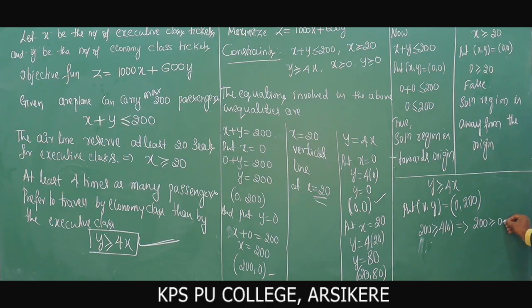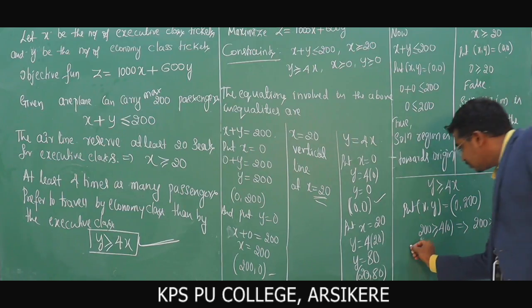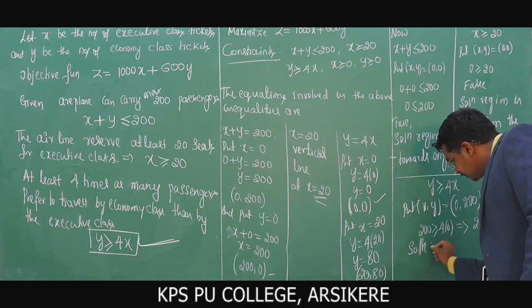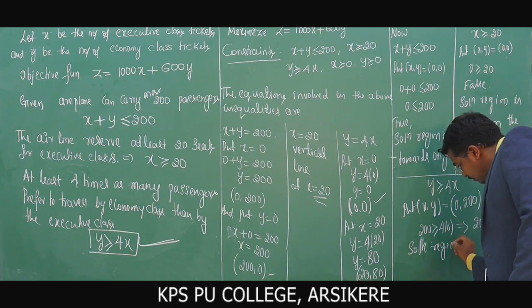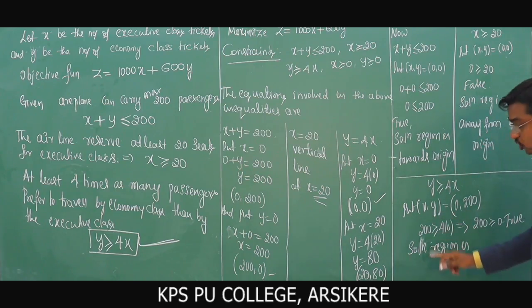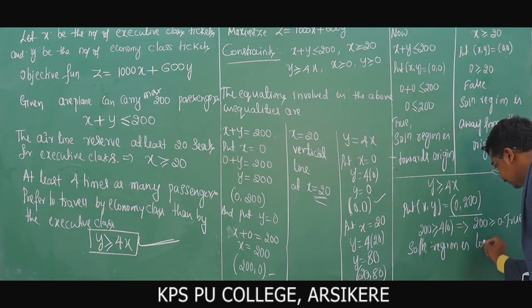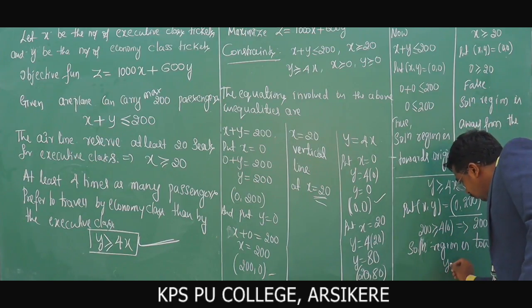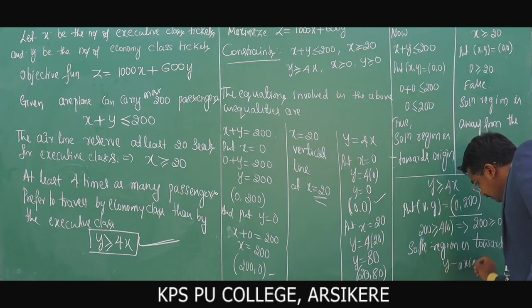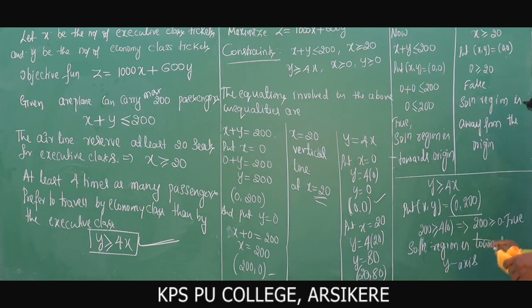So this statement is true, right? This statement is true means the solution region includes the point 0 comma 200. Where does this point occur? At the y axis. So the solution region is towards the y axis. Clear? Okay.